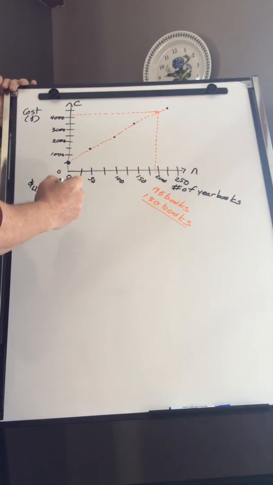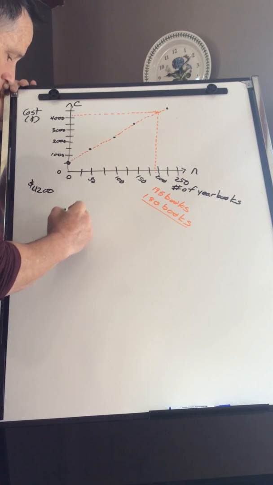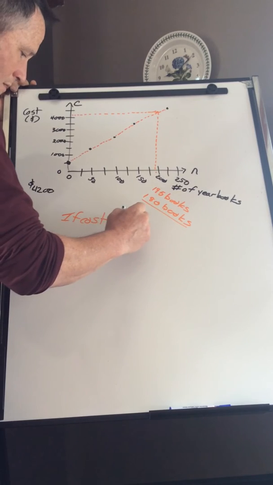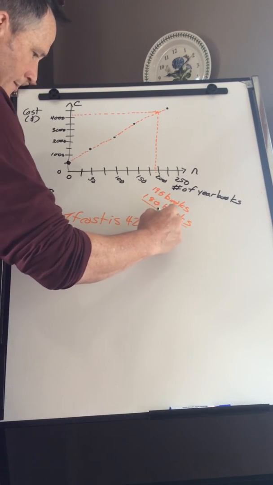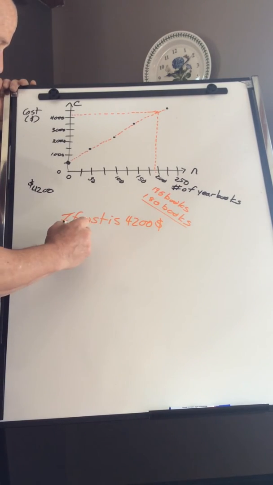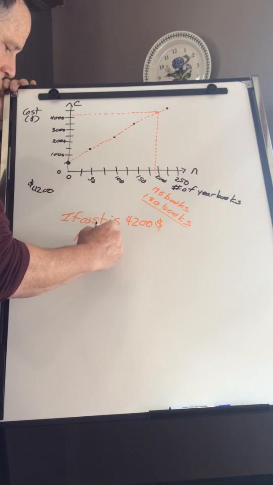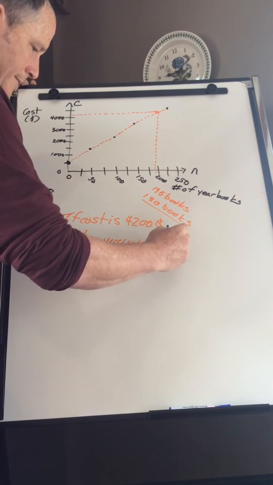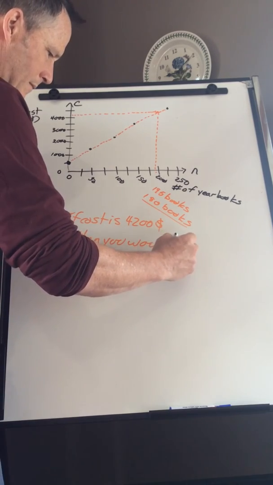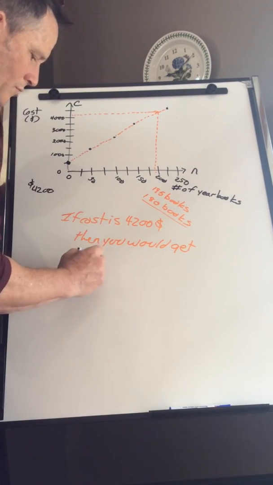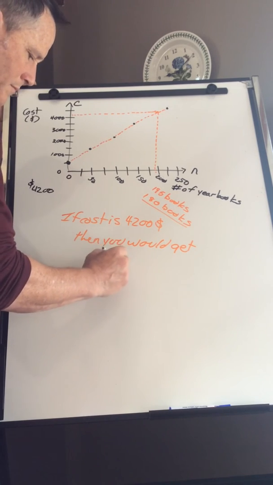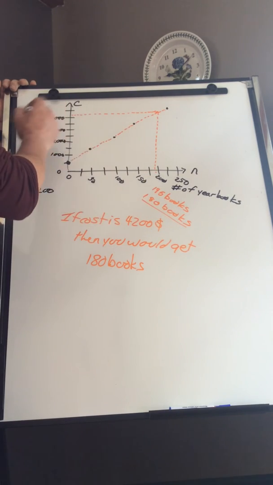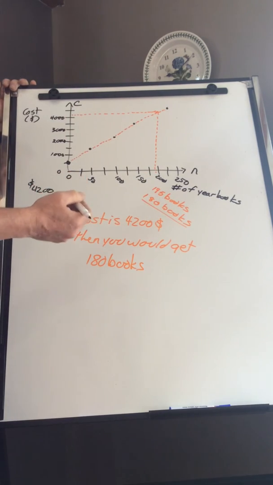So 180 books is going to cost $4,200. That's what we get from that.